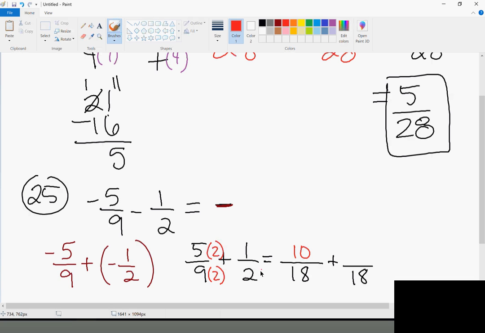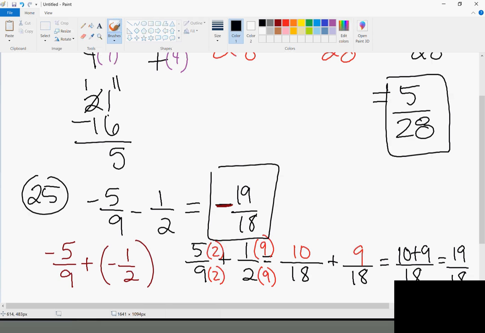And to get 2 to become 18, I multiply by 9. We'll have to do it at the top as well. So now I have 10 over 18 plus 9 over 18. I keep that denominator, and then I combine the top. So my answer is going to be negative 19 over 18. Okay?